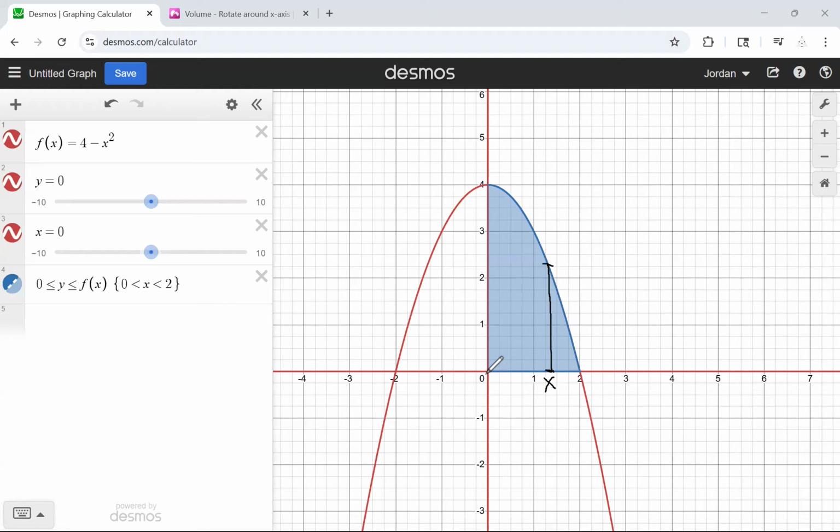And the radius of that cylinder is going to be from x equals 0 all the way out to this arbitrary value of x. Now, if I want to make this radius positive, I make it x minus 0. So x minus the line I'm rotating around, which is x equals 0.